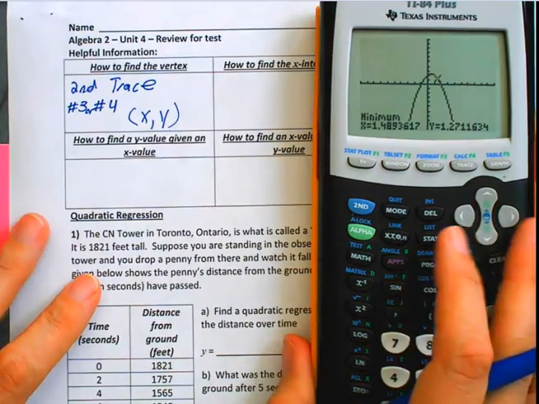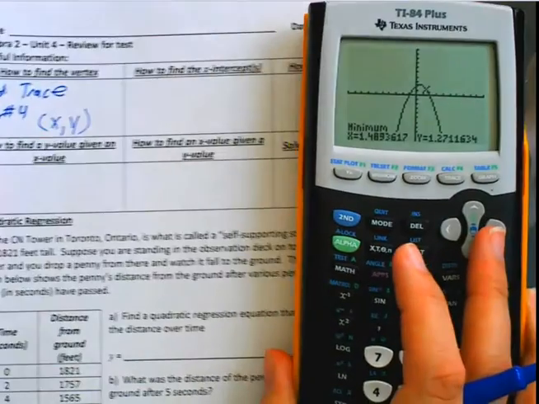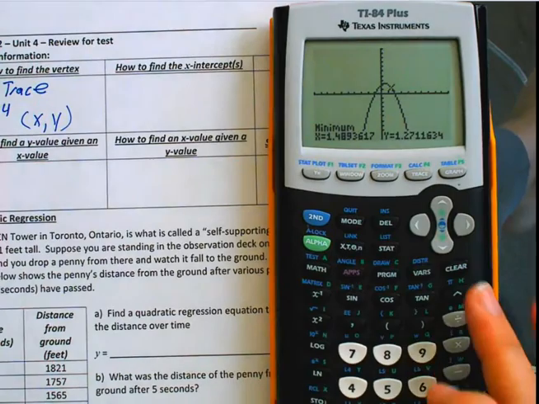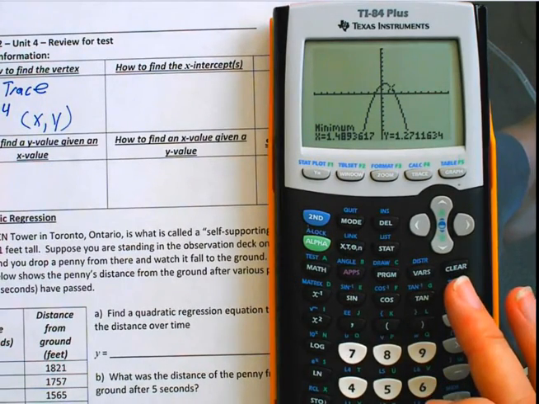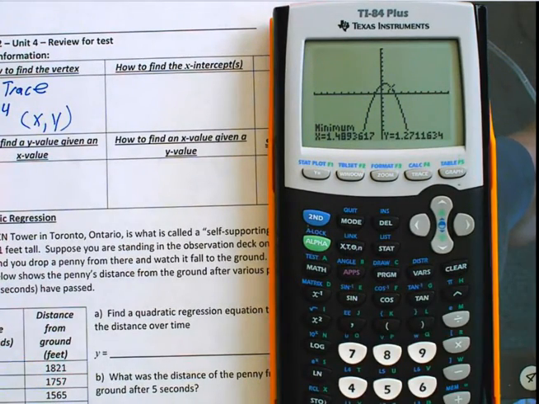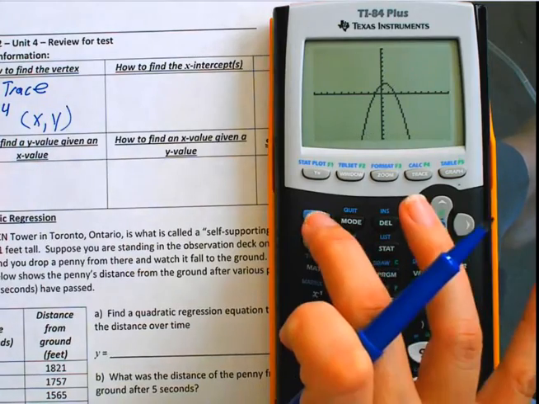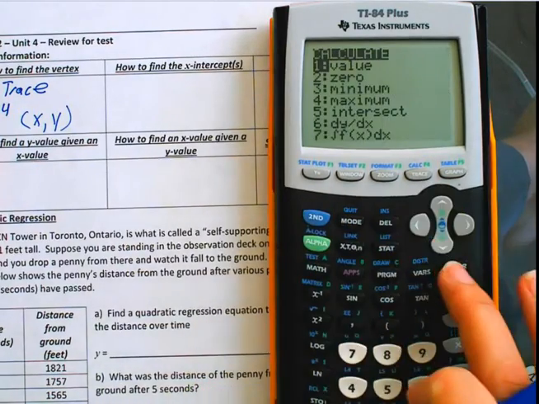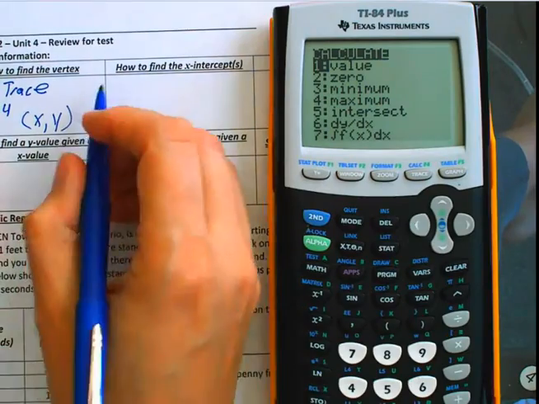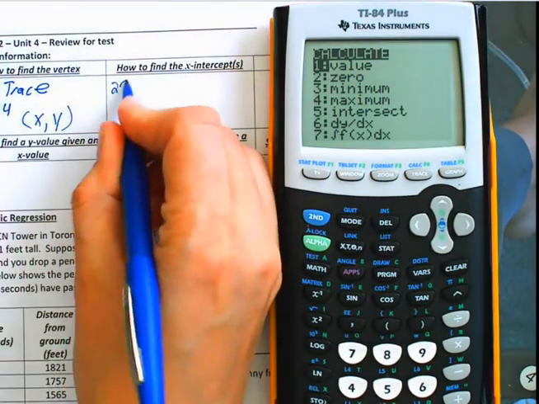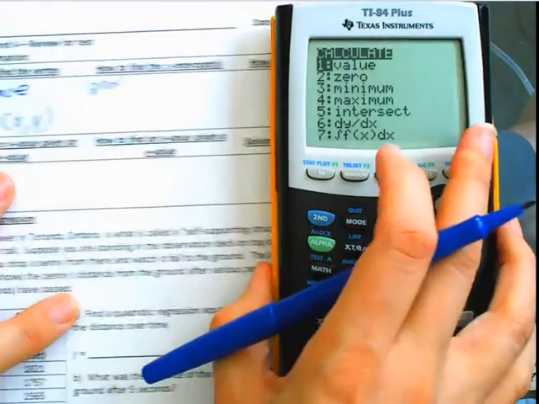Alright, so then the next one, find the x-intercepts. To find the x-intercepts, you're going to do second trace, which again takes you into the calc menu.